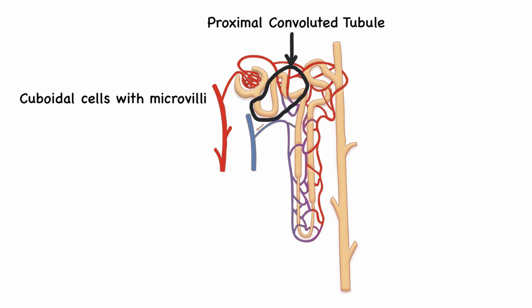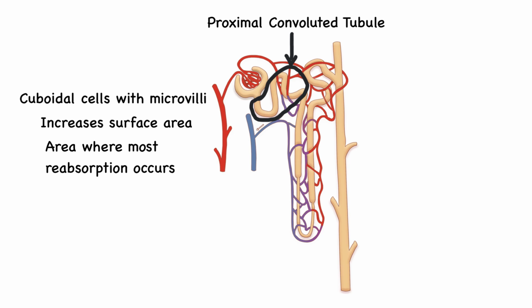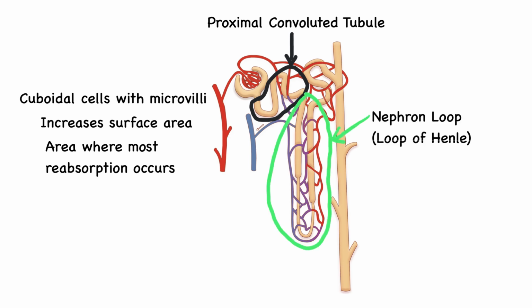This increases the surface area for reabsorption because in the proximal convoluted tubule, most reabsorption is going to happen. Moving forward, we are going to reach the nephron loop, or loop of Henle, and this loop contains both a descending limb and an ascending limb, which is going to create a concentration gradient to regulate water and salt balance.